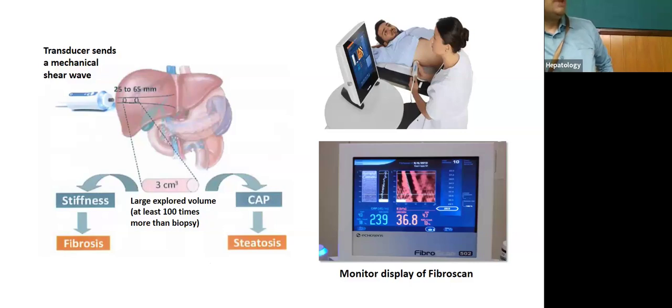This value is known as LSM or liver stiffness measurement, and this is CAP or controlled attenuation parameter. So it gives you 2 different values. Stiffness is a marker of fibrosis, and CAP is a marker of steatosis. And it explores around a 3 centimeter cube area, which is at least 100 times more than that of a liver biopsy.